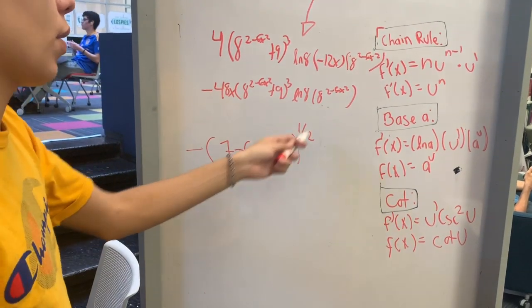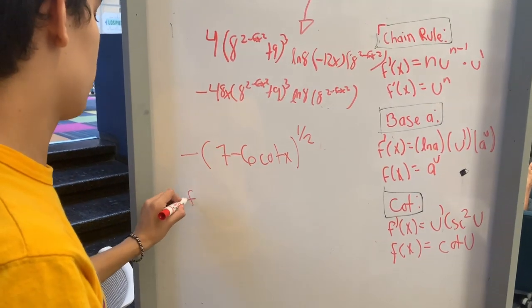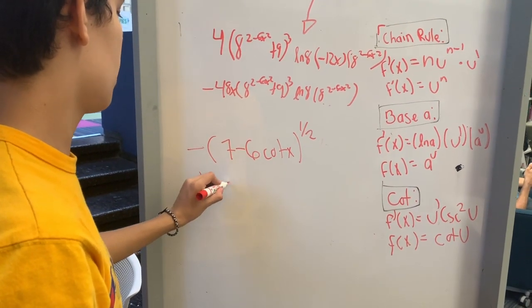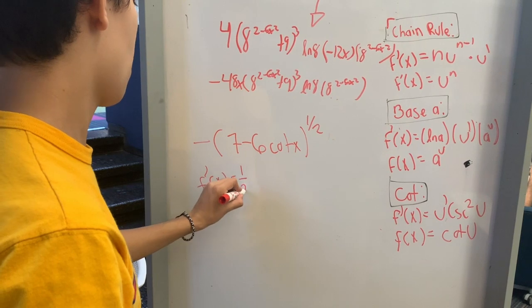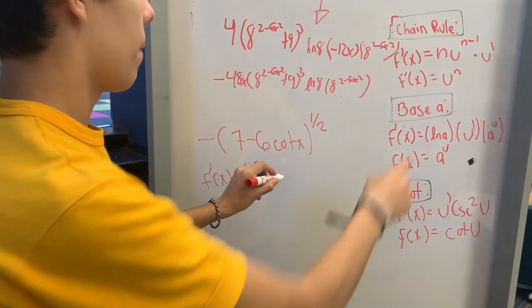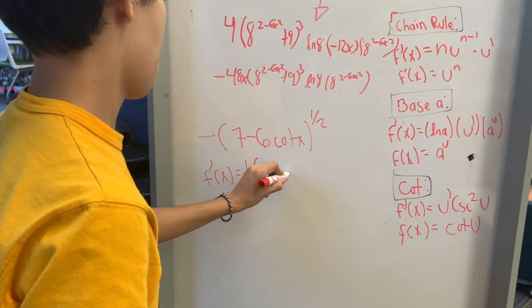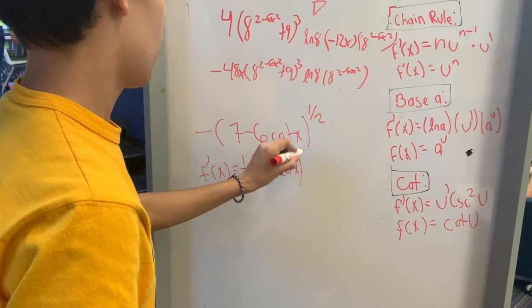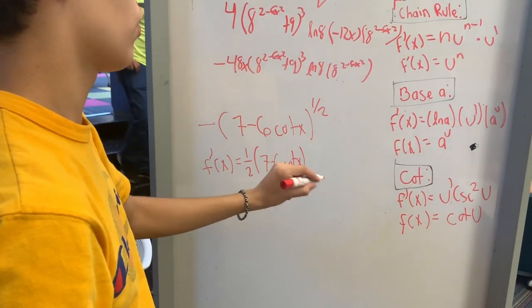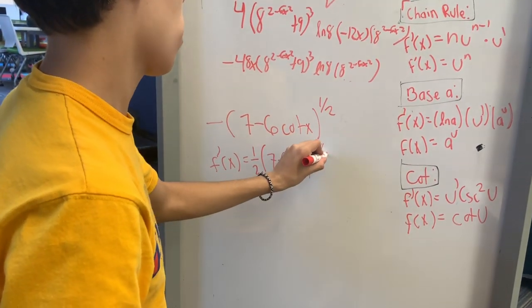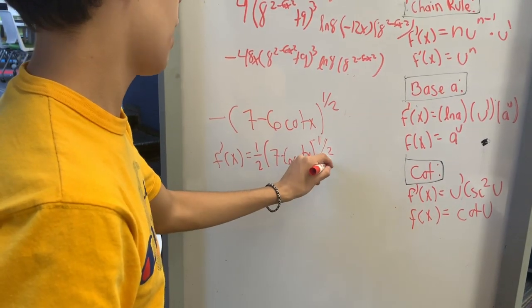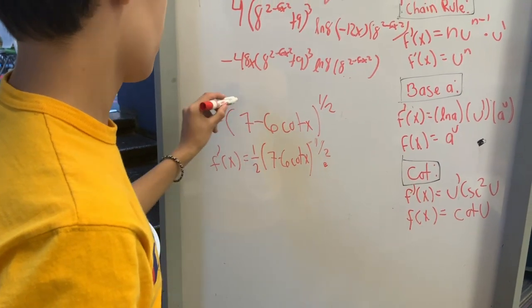And in here we have the same chain rule. So to get the derivative, we keep this 1/2 the same because of the rule, and minus 1, 1/2 minus 1 is minus 1/2, and then we multiply by the derivative of this.